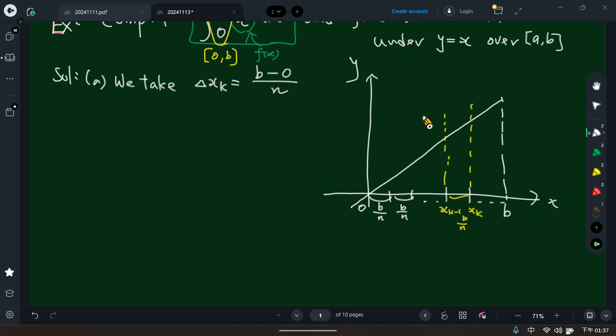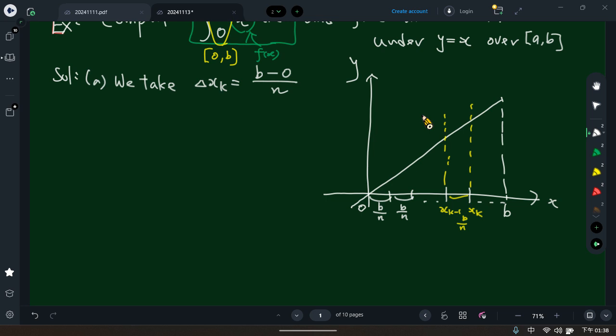According to the Riemann sum, we divide the interval into many subintervals. But for each subinterval, we need to pick up one point. Why do we need to pick up this point? Because we will use its function value as the height for this subinterval.